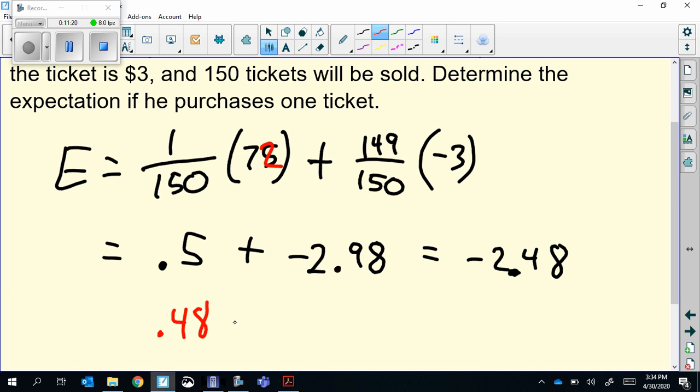This one doesn't change, so that'll be minus 2.98. That'd be minus 2.5 there.